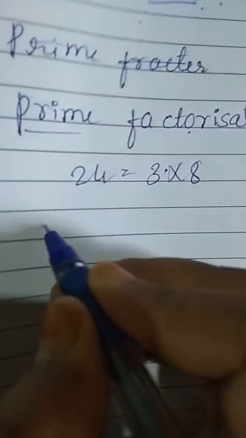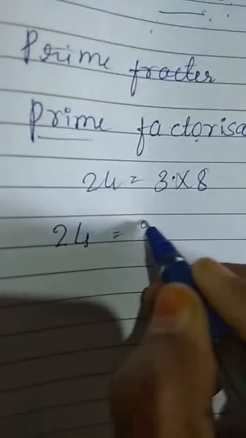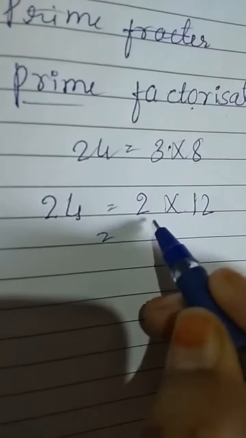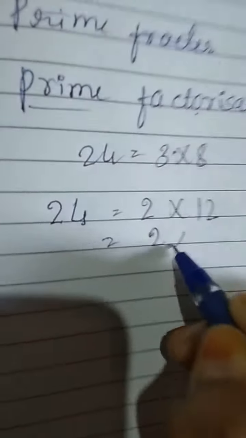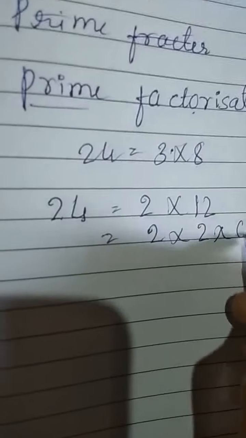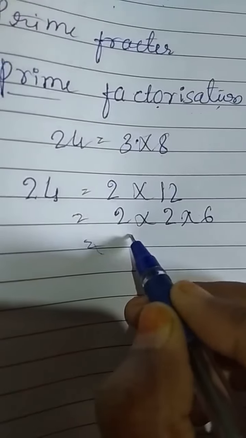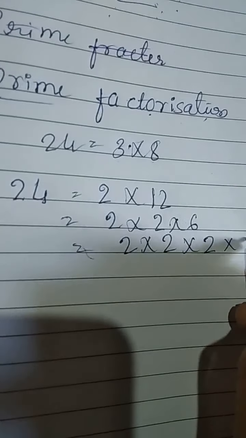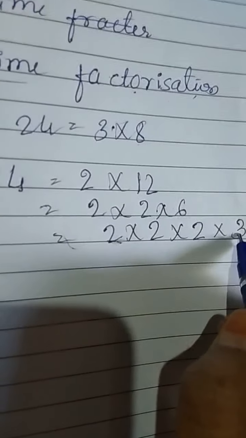Then another, 24 is 2 into 12. Again it can be factorized, 2 into 6, and again, 2 into 3.